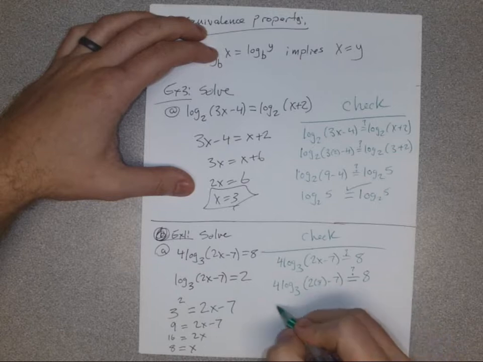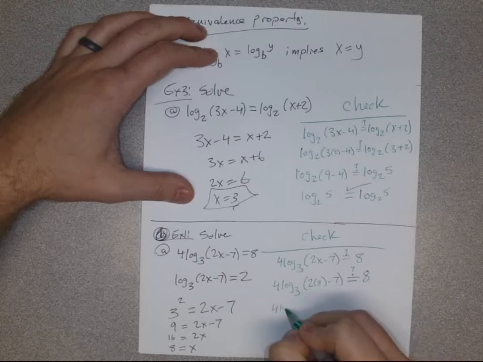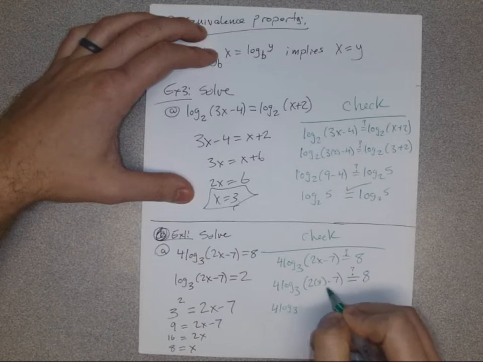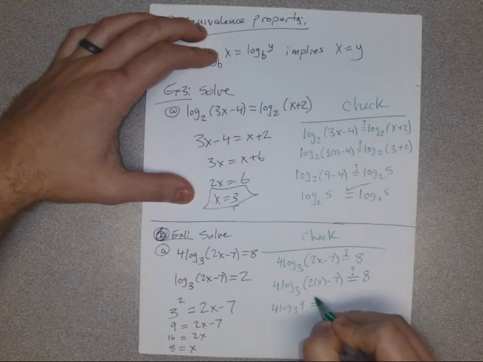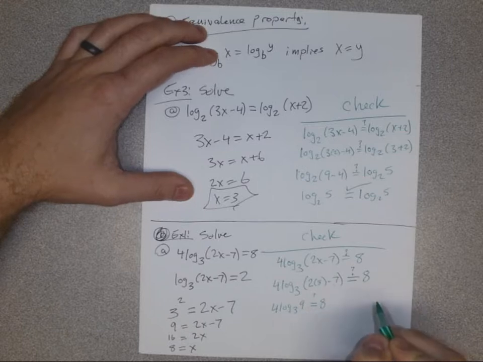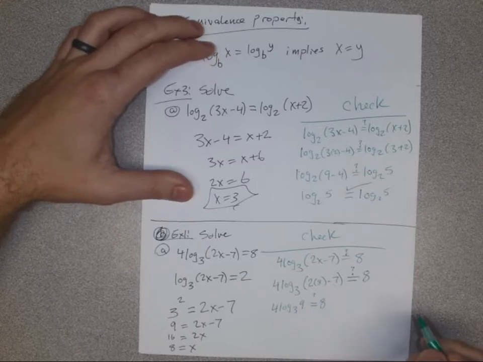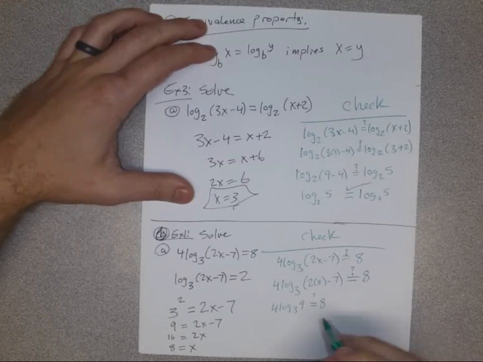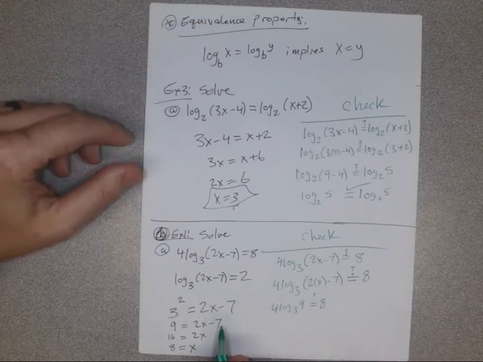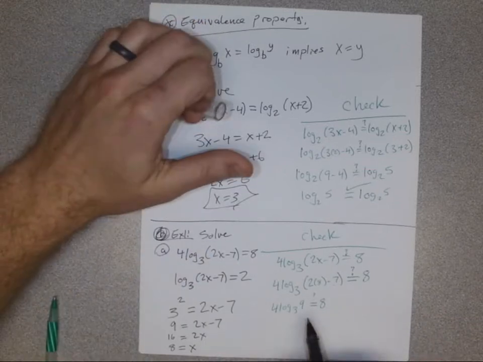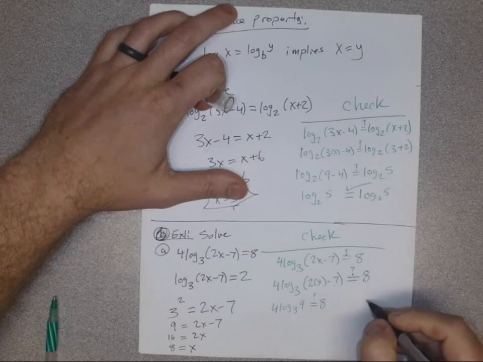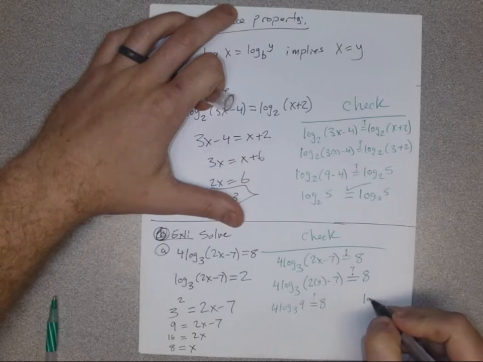All right, keep going. 4 log base 3 of 16 minus 7 is 9, and I'm questioning, is that equal to 8? All right, so now we have to do a little side work. We can figure out what this log base 3 of 9 is. And some of you may be able to do this in your head, and that's okay.